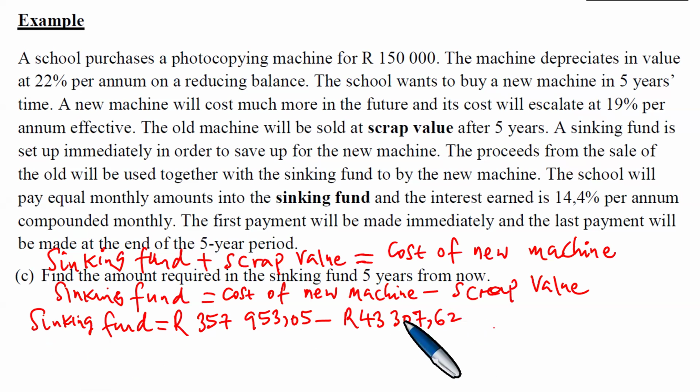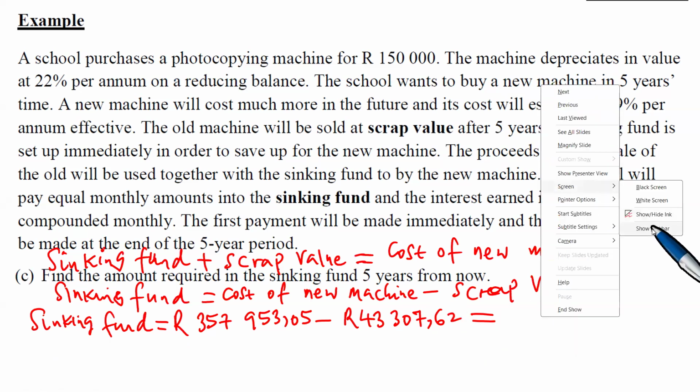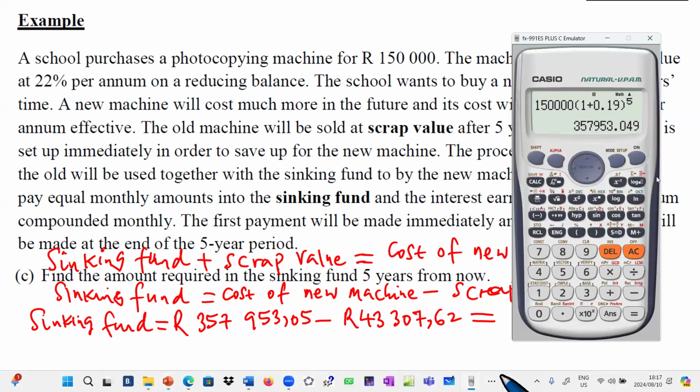Meaning here we're able to get the sinking fund. Use your calculator in the exam as follows: you take 357,953.05 minus 43,307.62.